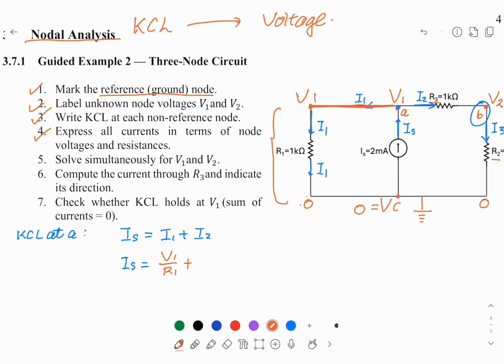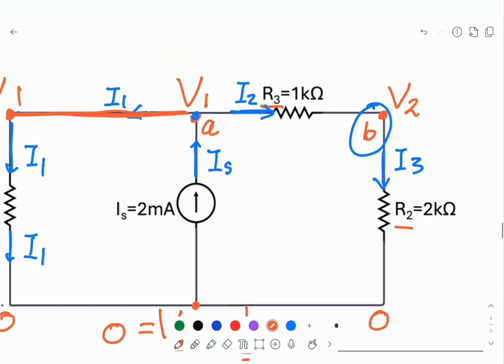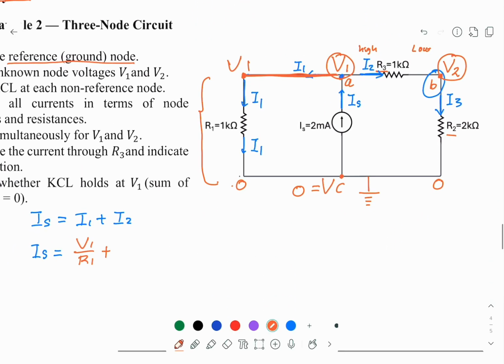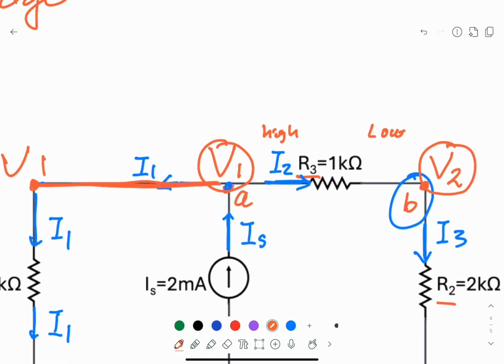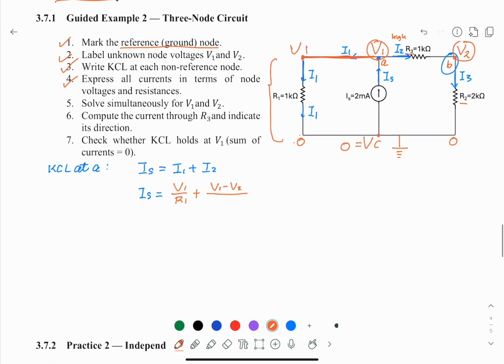plus I2. I2 here, if you see, goes from high to low. So the potential difference is V1 minus V2, divided by R3.